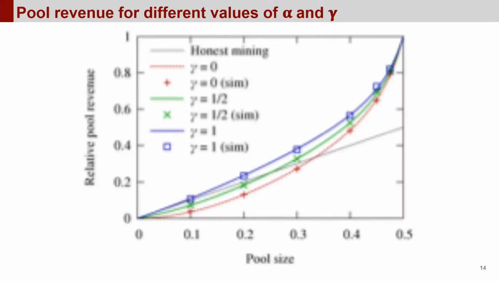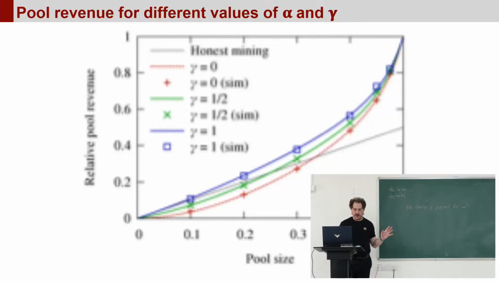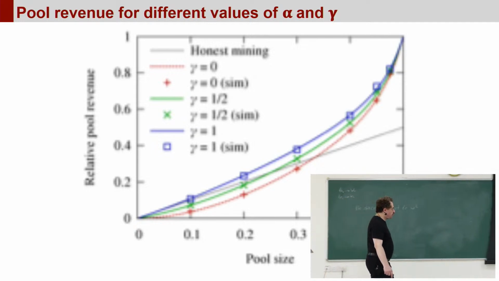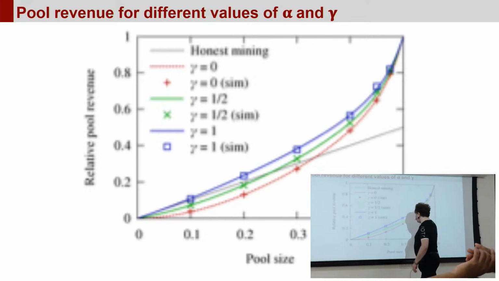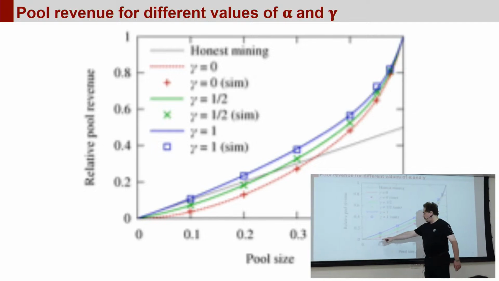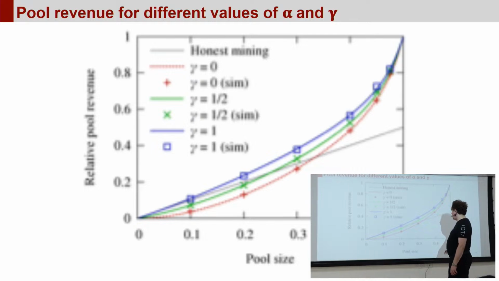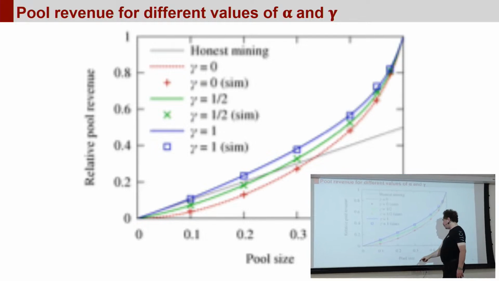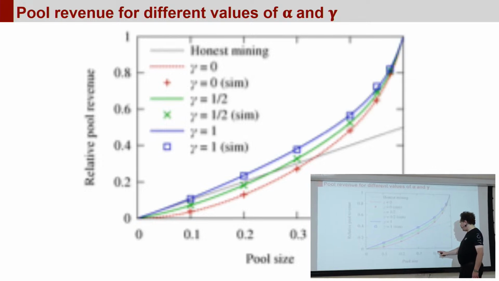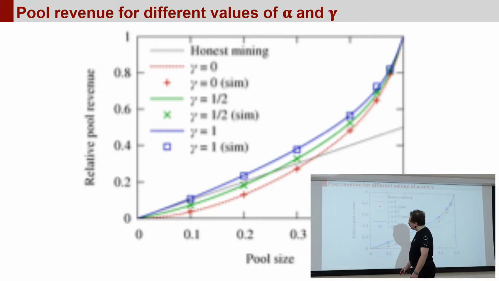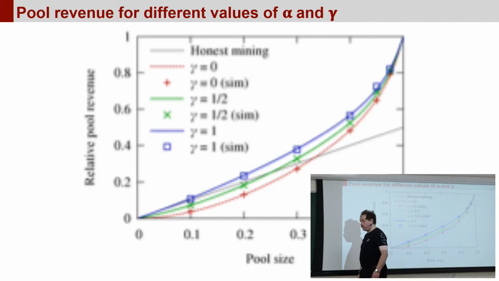This plot shows the revenue for the selfish miner for different values of alpha and gamma. And there is also the plot for honest mining. So this straight line is for the honest mining. And the straight line indicates a linear dependency between the power of the selfish miner and the relative revenue of the selfish miner.